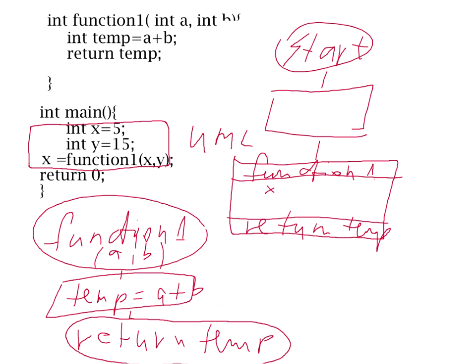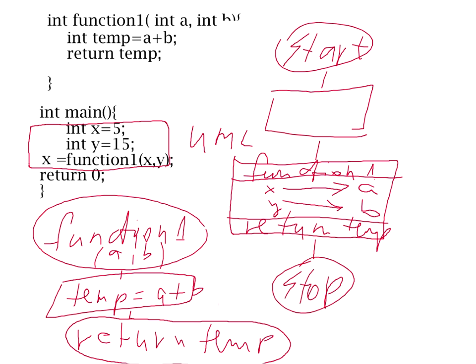And the way that we call it is we call it with X and Y parameters, right? And we can show that X in function 1 is linked to A and Y is linked to B. And then that's where we're going to stop the code.